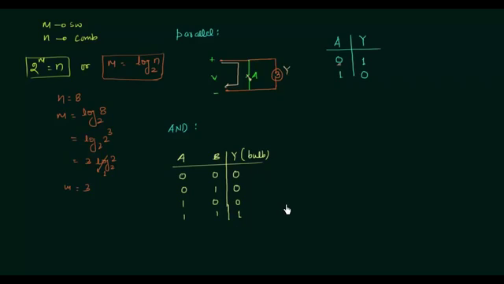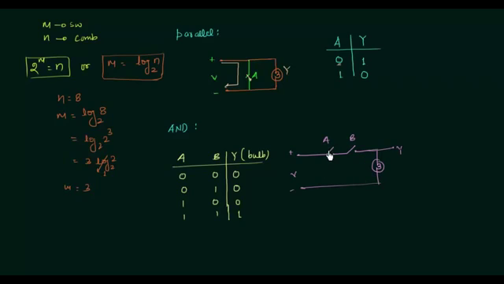Now we will try to obtain the circuit for this AND operation. We have two switches, A, B, and the output is the bulb. This is the output Y. You can clearly see when both A and B are opened, no current will flow through the bulb.